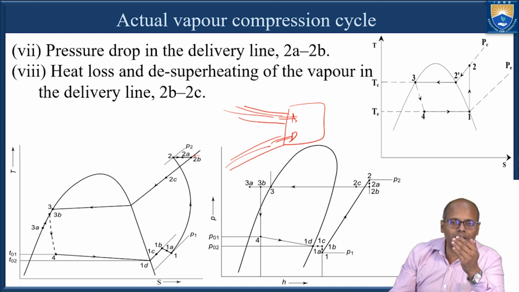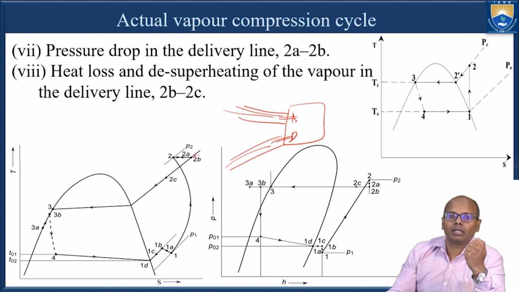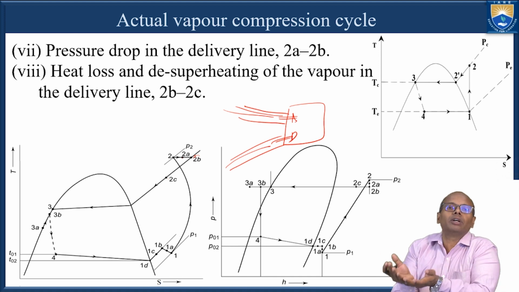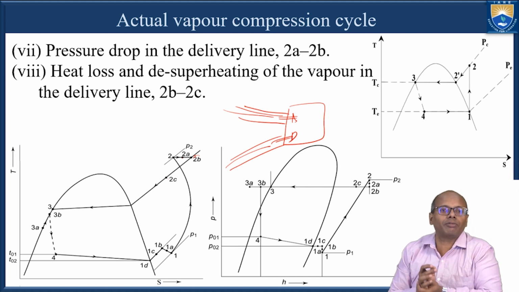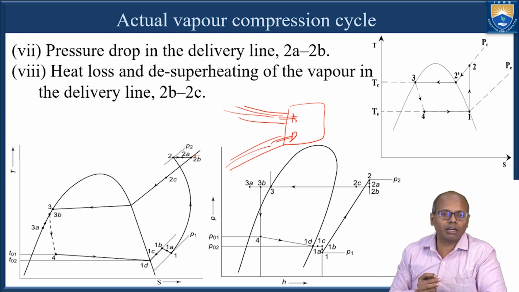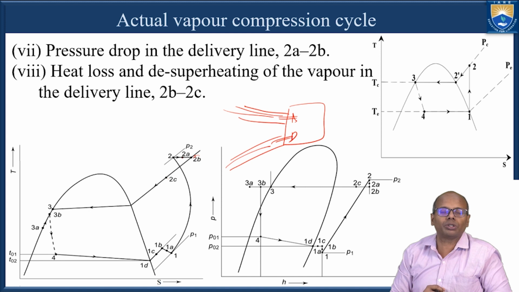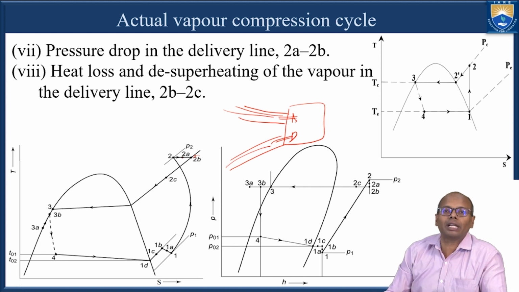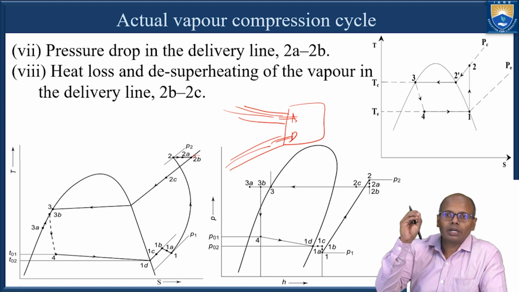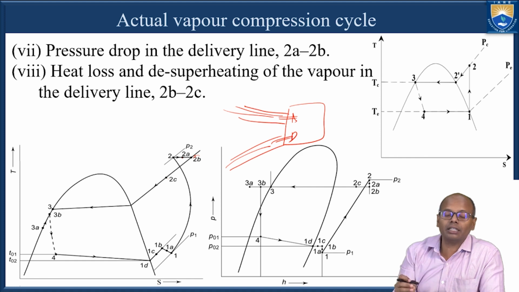Because of that there is some desuperheating. Increase of the temperature of the vapor is called superheating of the vapor. If the temperature of the vapor is getting reduced, then it is called desuperheating. So we have desuperheating in this delivery line.